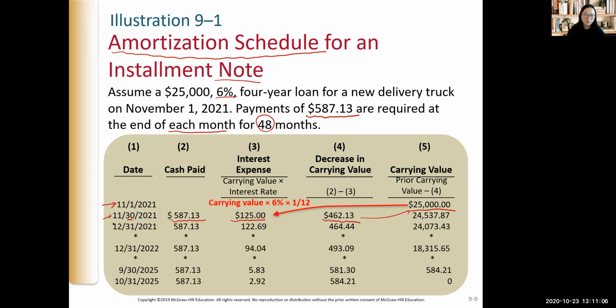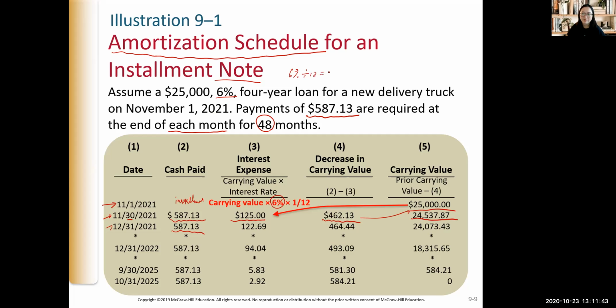So one month later, you're still paying the same amount for the rest of the 48 months, right? $587.13, but it's broken down into two components. In the second period, look at your carrying amount, it becomes $24,537, then you multiply by the interest rate. It says 6%, but it is divided by 12 months, right?